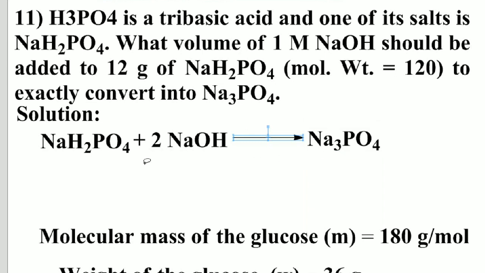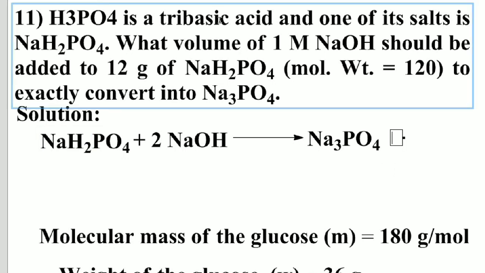What about the oxygen atoms? 4 plus 2, 6 oxygen atoms are there, but in Na3PO4 only 4 oxygen atoms are present in the product. On the reactant side there are 2 plus 2, 4 hydrogen atoms, whereas in the product there are no hydrogen atoms.